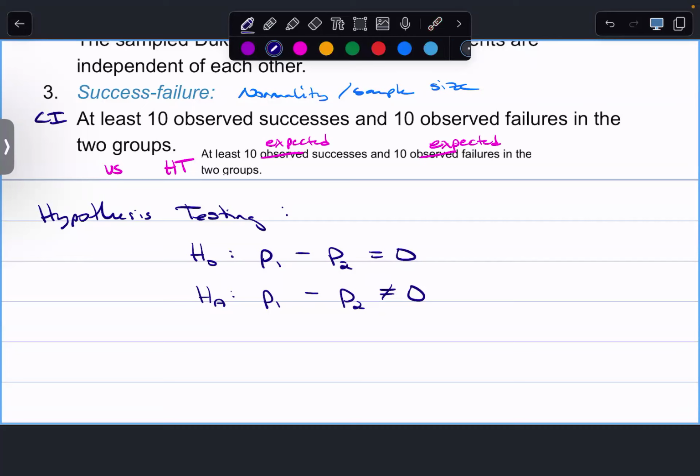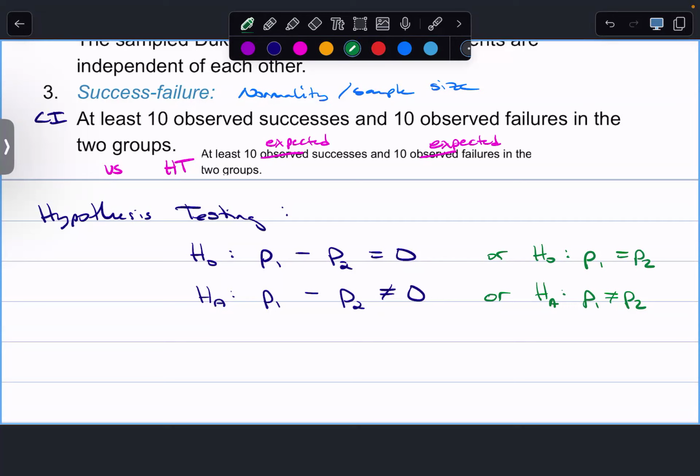Okay. This is the same. If you prefer, you could also write P1 is not equal to P2. That's fine. But we are interested in P1 minus P2, so that's why I use this one. But I do find that this one is a little bit easier to read, right? Oops, I wrote H naught. It's HA for the alternative; H naught is P1 is equal to P2.